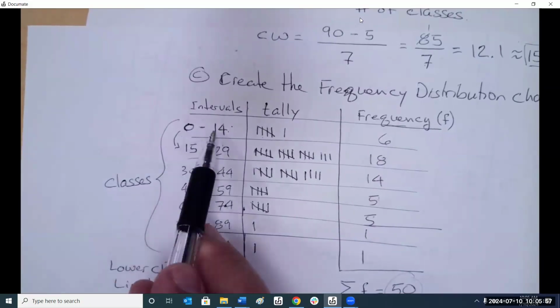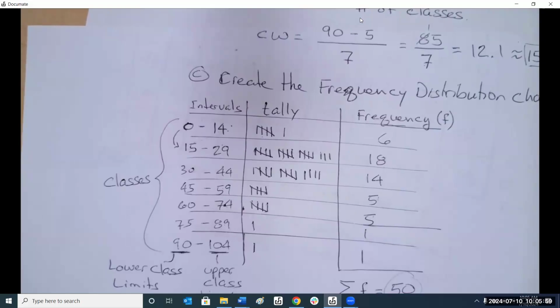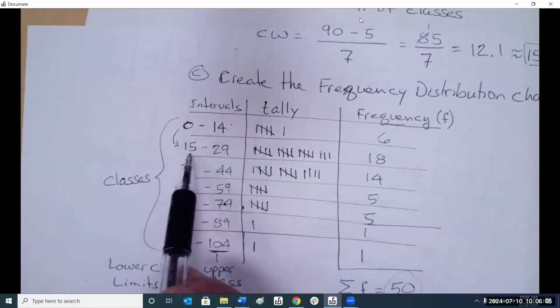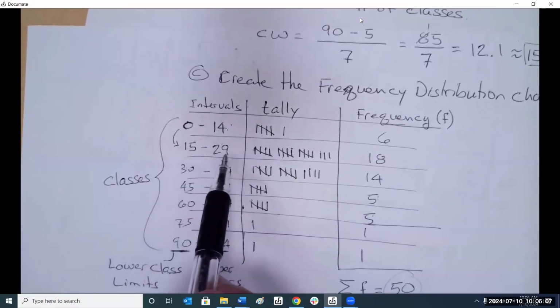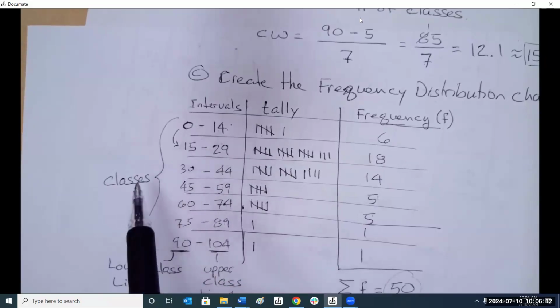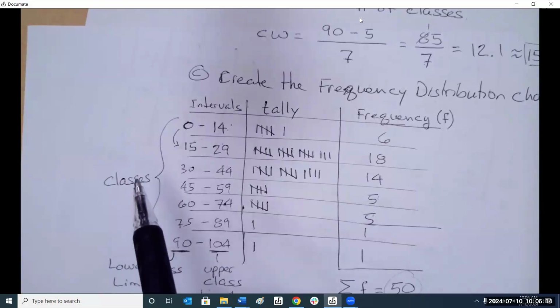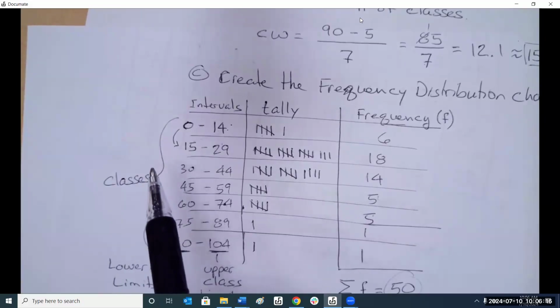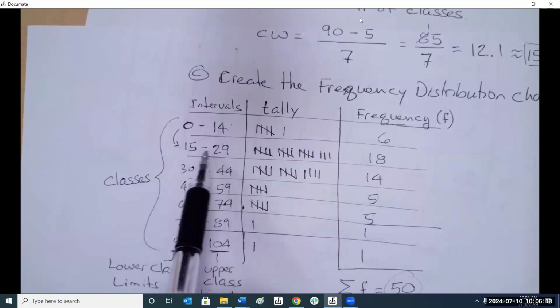What number is in the middle of 0 to 14? How'd you get 7? Well, but what about the next one? What's the number in the middle here? Yes, it's easy when 0 is one of them. But you're right. It's half of 14. But what is going to be here?